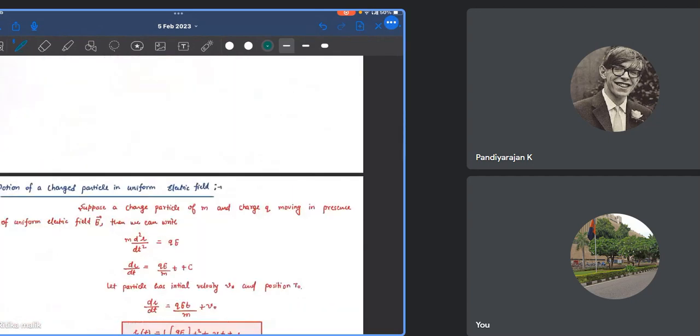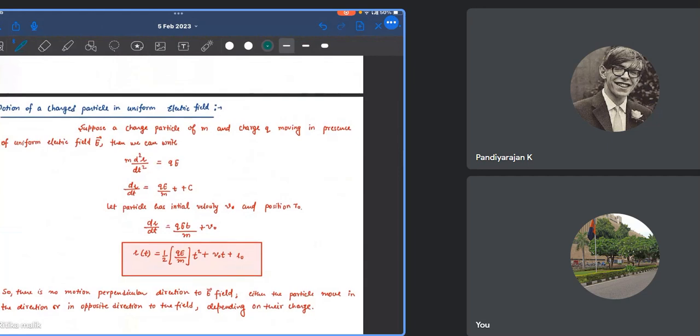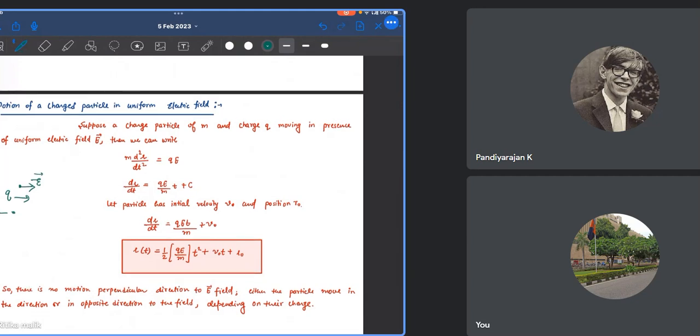Now what happens if we place a charged particle inside an electric field? In the case of an electric field, the charged particle moves along the direction of the field. If you have an electric field and you place another charge, then it will start moving in this direction or opposite to it, depending on the sign of the charge.